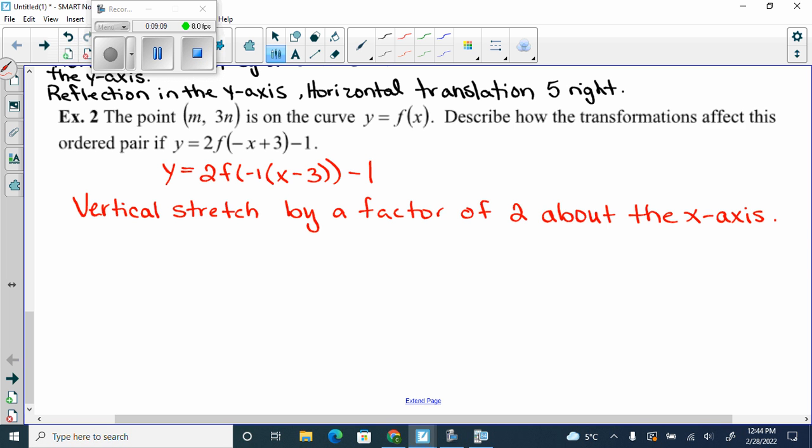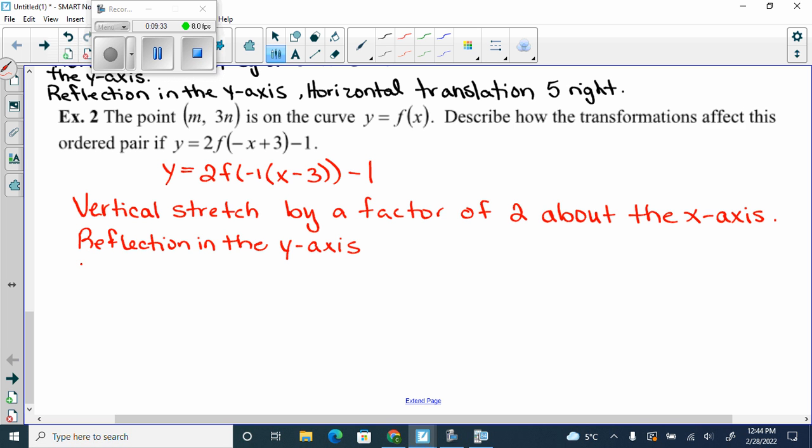We don't have a reflection in the x-axis, but we do have a reflection in the y-axis because it's with the x. So we have to state stretch, reflect, translate. Then our translations, we can state horizontal first, then vertical, or vertical then horizontal. It doesn't matter, but it has to go stretches, either order. Reflections, either order. Translations, either order.